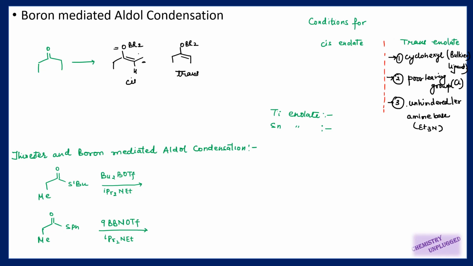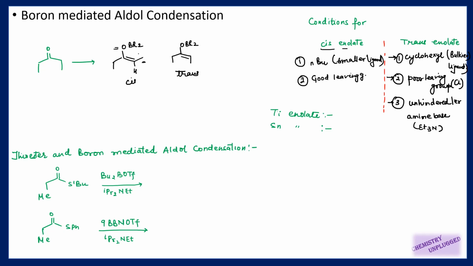So these three conditions. Second, we will take the conditions for cis enolate. So first condition will be reverse of it. When we are using a smaller size group, means less bulkier ligands are used, then we will get cis enolate. Means if I am using, suppose, butyl group, in butyl group it is less bulkier, or you can say that it is smaller ligand, cis enolate.